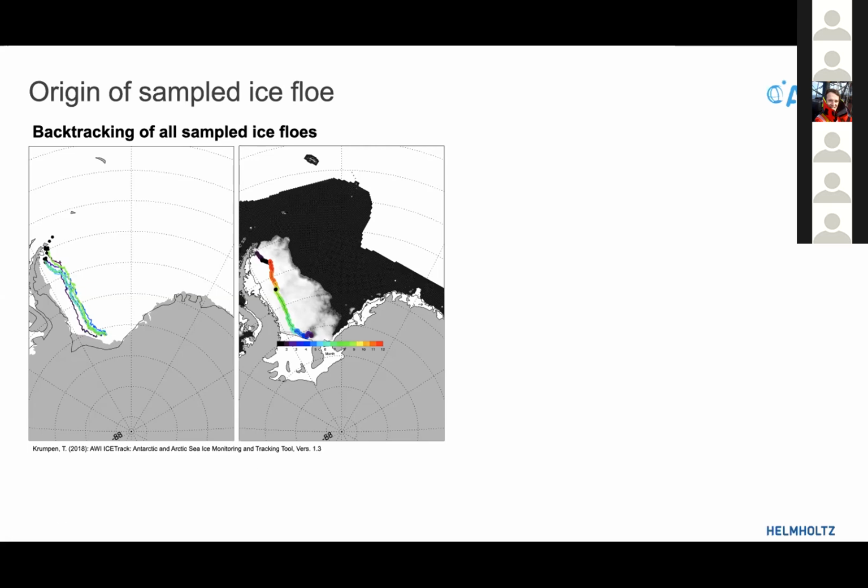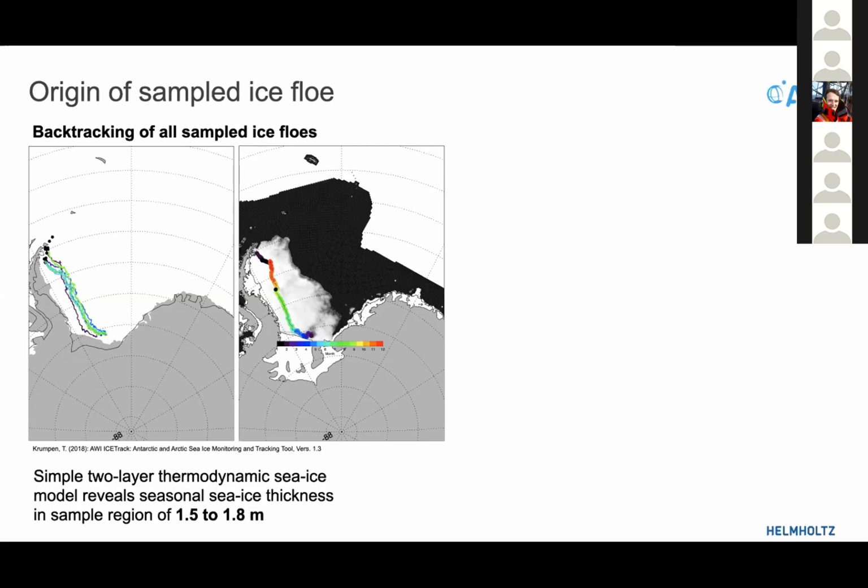Based on that, I used a really simple two-layer thermodynamical sea ice model, and that revealed for those seasonal ice floes along that track roughly the sea ice thickness at the end. When they arrived in the area where we sampled, the ice should have had a thickness between 1.5 and 1.8 meters.